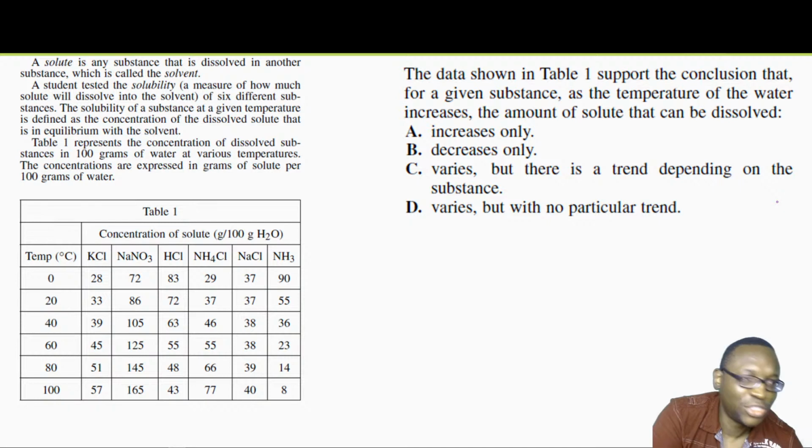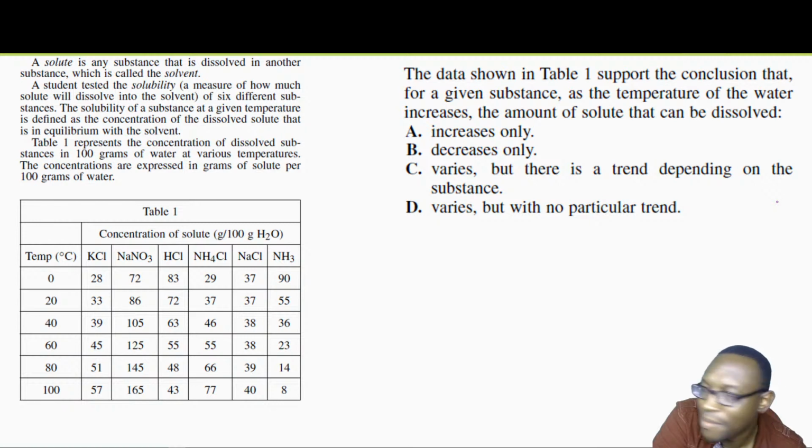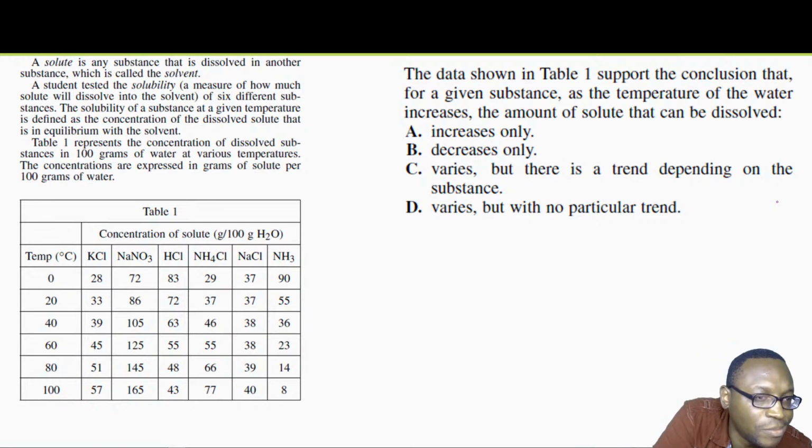So now this is our next question. The data shown in table 1 support the conclusion that for a given substance, as the temperature of the water increases, the amount of solute that can be dissolved, and these are your options. Does it increase all the time?